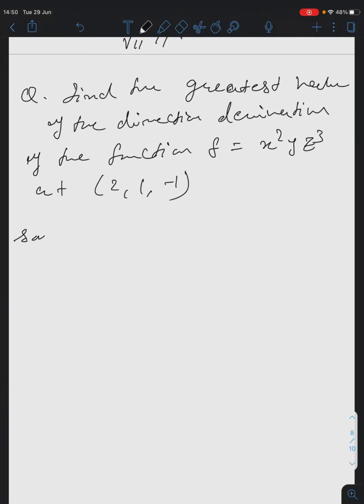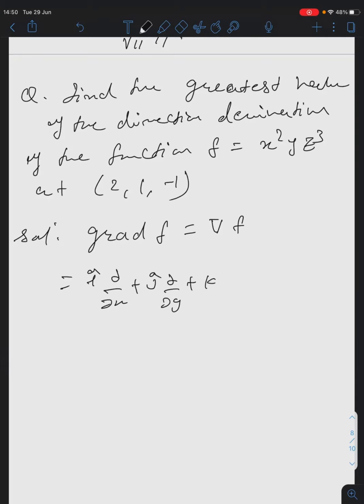This is the question. First you need to calculate grad f, that is del f, that is i dou by dou x plus j dou by dou y plus k dou by dou z.